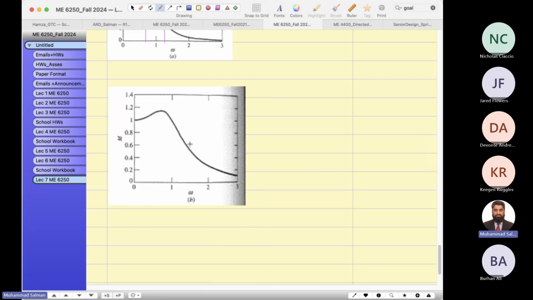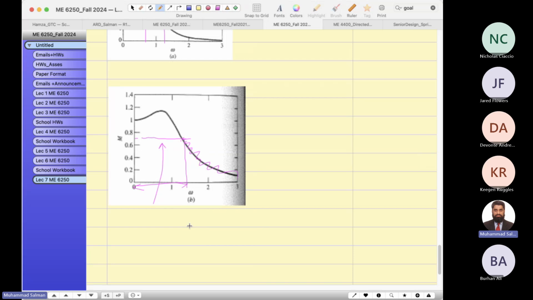Maybe you can see, I believe it is 0.707. So you see, if it goes below this, this is not an acceptable region. It allows the low frequency contents, and they provide a certain amplitude of the mass.